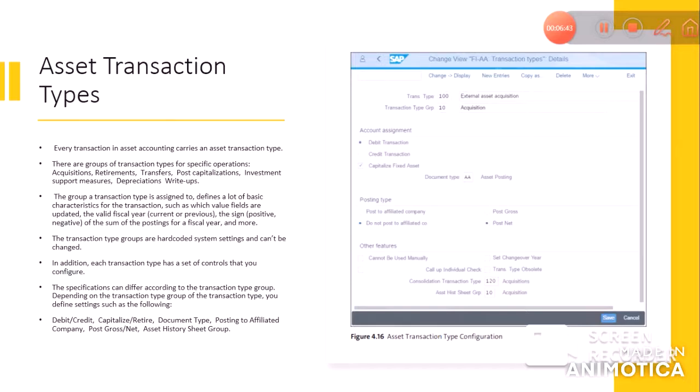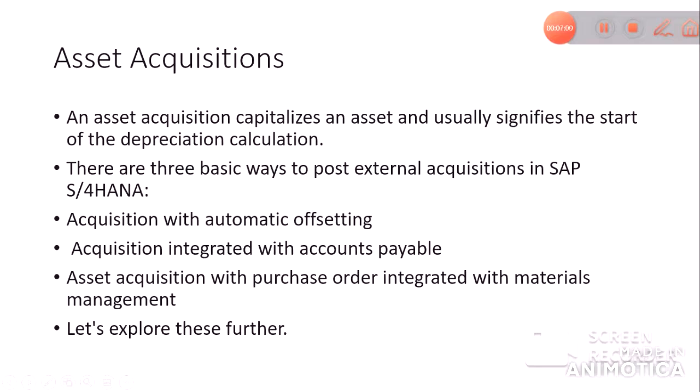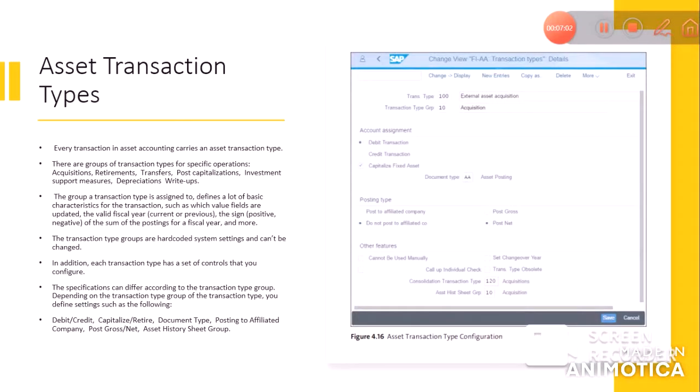We have posting types post gross and post net, and we are posting net. And among other features, the consolidated transaction type is 120 and the asset history sheet group is 10. So this is the asset transaction type configuration.